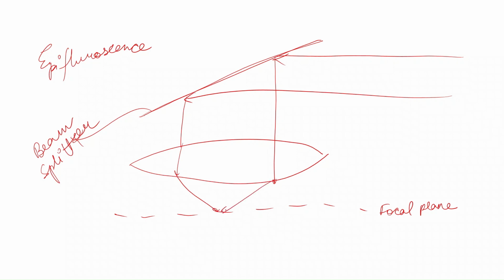From this sample, the light again goes back to the beam splitter, and now this will allow the light to go where you can monitor and observe it. So emission happens here and excitation from this side. This is the epifluorescence setup.